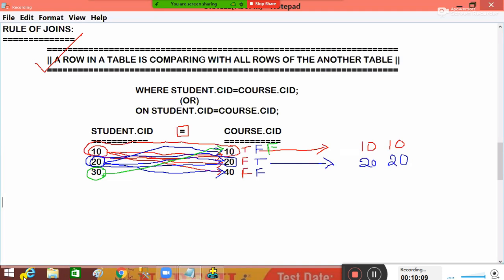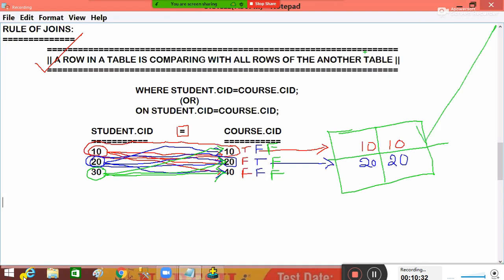Next, 30 is equals to 20, false. 30 is equals to 40, false. So there is no matching of rows here, so nothing is displayed. And finally, this is my result: 10, 10, 20, 20 from the two tables.